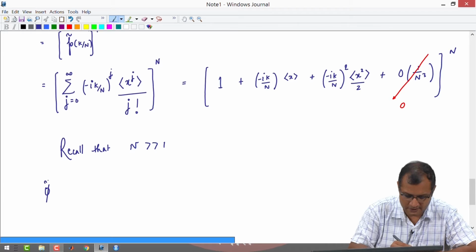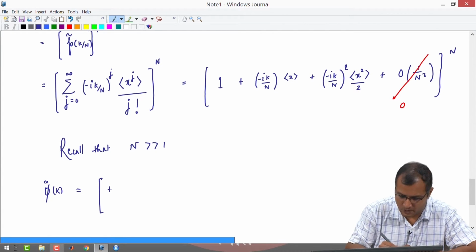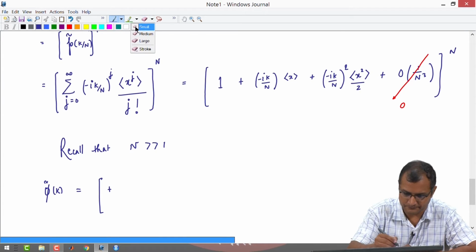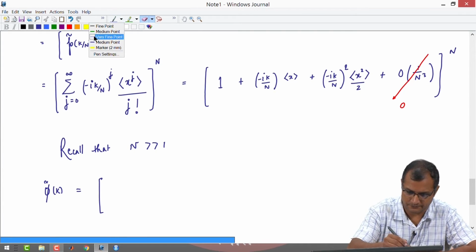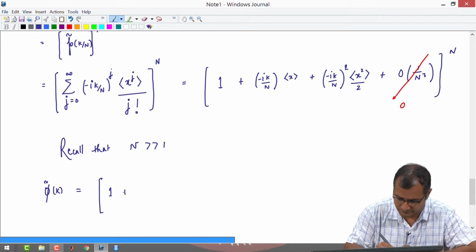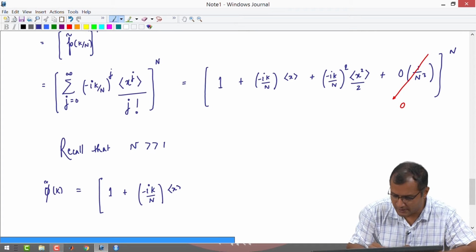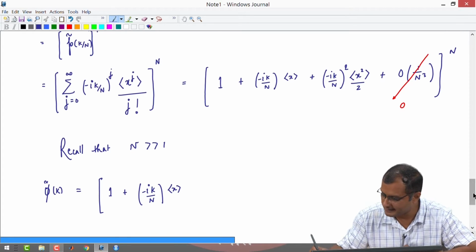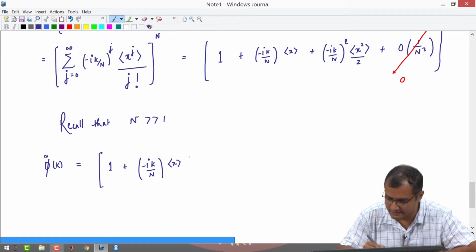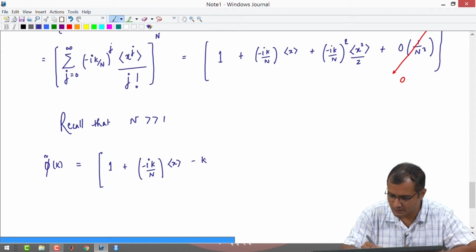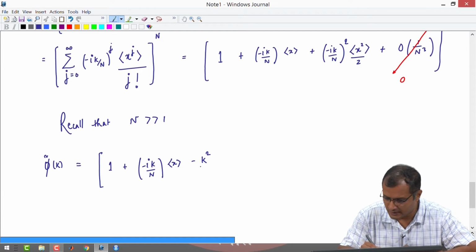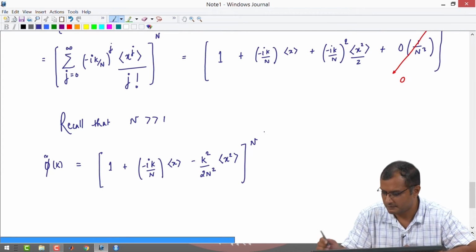the characteristic function as 1 plus minus ik by n into mod x, and the second term I will write as minus k square by 2 n square into mod of x square, whole raised to n.